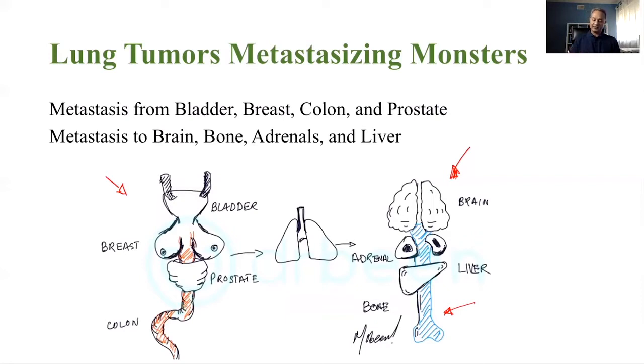And for the eyes, this monster has adrenal glands, which tells you that lung metastasis or secondaries can go to the adrenal and finally the liver as well. So these are the two monsters that would help you remember the metastasis to and from.